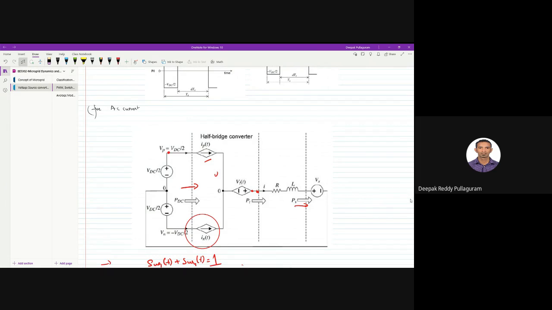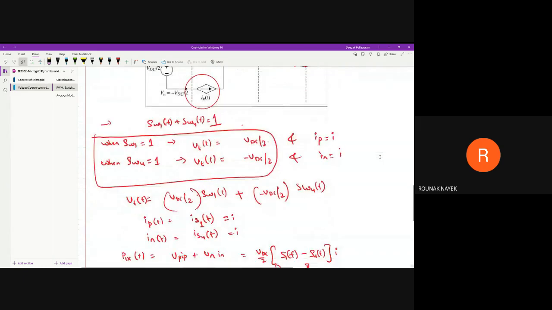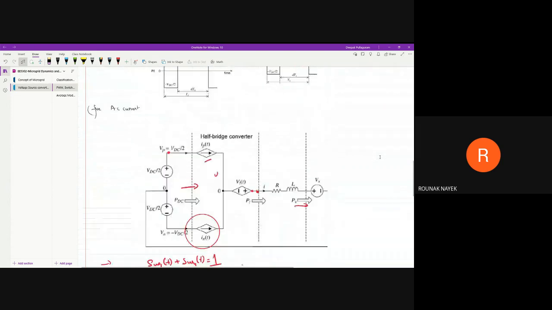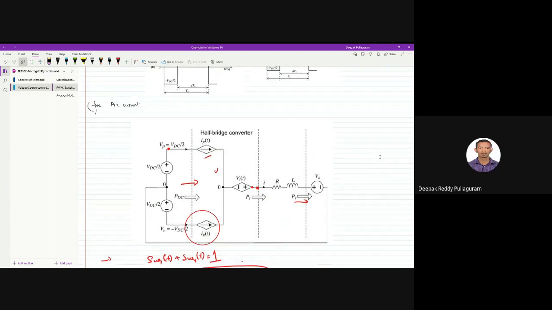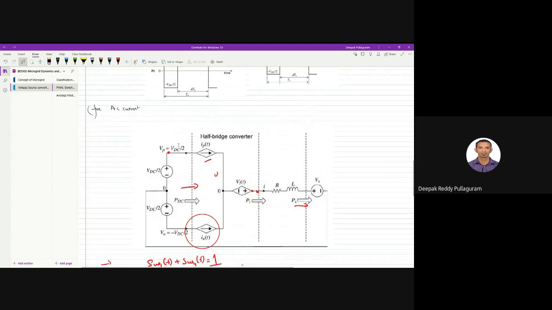Is that clear? Sir, the output voltage you have taken is alternating, so how can you take the current direction as always in DC form, always positive or always negative? It's not about positive or negative now. This is with relation to Vp and Ip. It may be negative, it may be positive, but it's a relation. If it is negative, there might be reverse conduction.